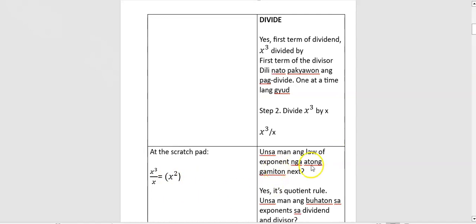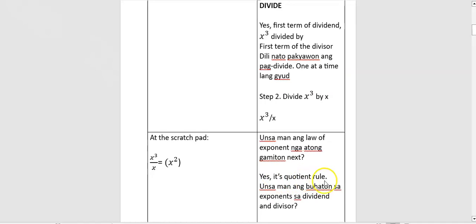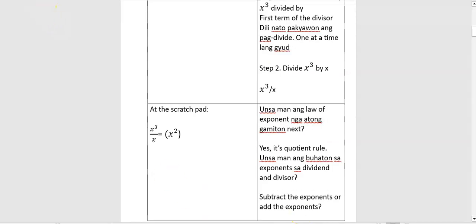Okay. What law of exponents will we use next? Yes, it's the quotient rule. So what do we do with the exponents of the dividend and divisor? Subtract the exponents or add the exponents? Yes, so when we divide, class, we subtract the exponents.